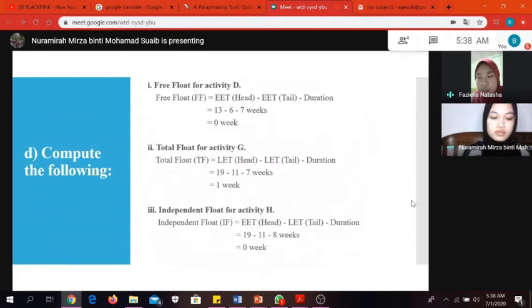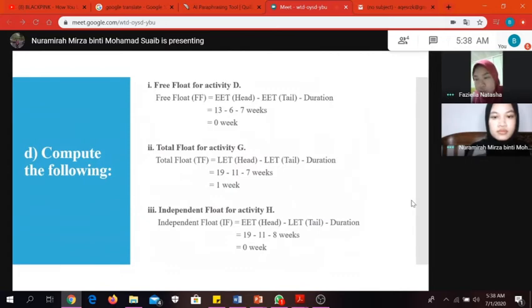Number 2 is total float for activity G, which is total float equal to LET minus EET minus duration, and we get 1 week. For number 3, independent float for activity H, which is independent float equal to EET minus LET and minus duration, and we get 0 week.